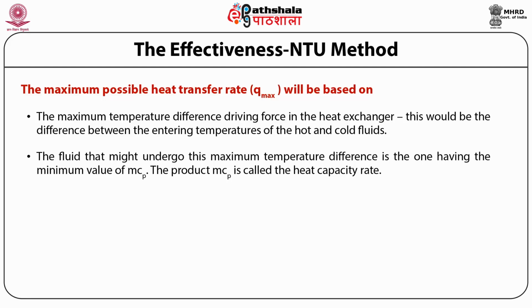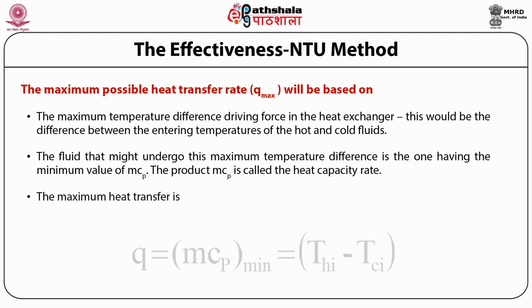The product MCP is called heat capacity rate. The maximum heat transfer is Q equals MCP minimum, that is heat capacity rate minimum, into Thi minus Tci.